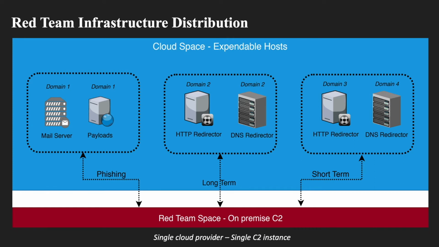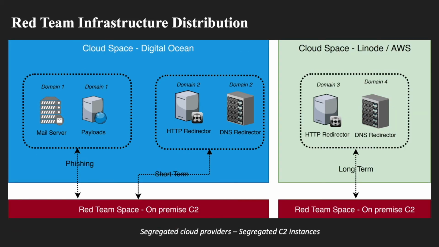Then we have DNS and HTTP redirectors with 2 different domain names. So if the client blocks one of the domain names, then we have another domain name to utilize and remain active in our operations. And all the traffic ends up on our in-house command and control server.